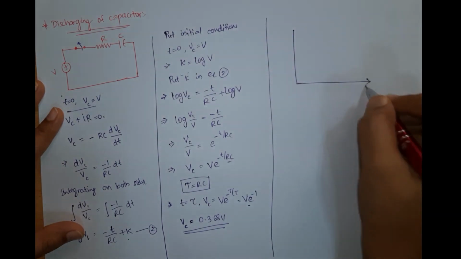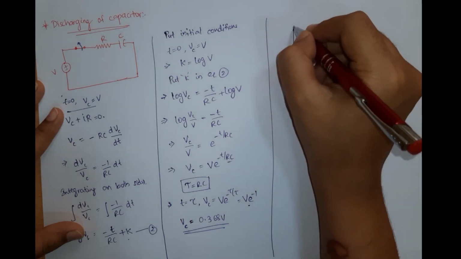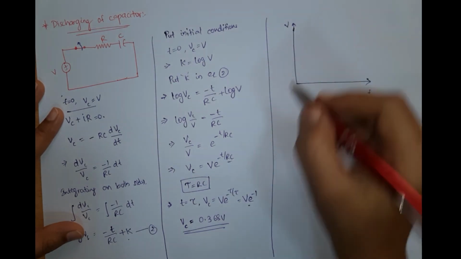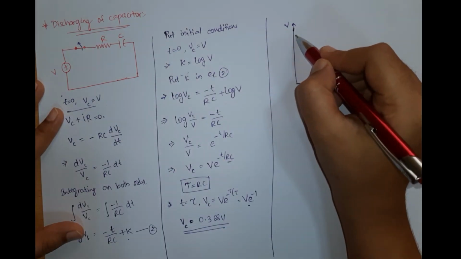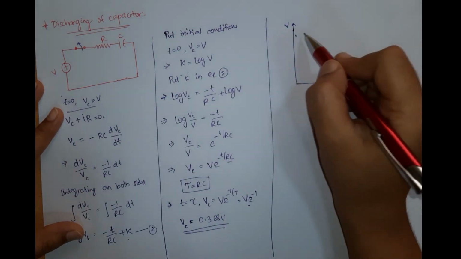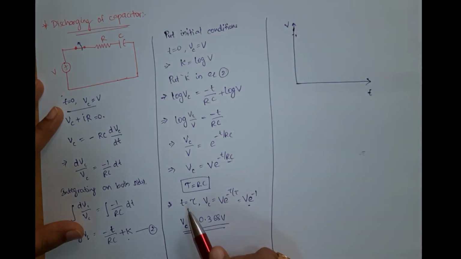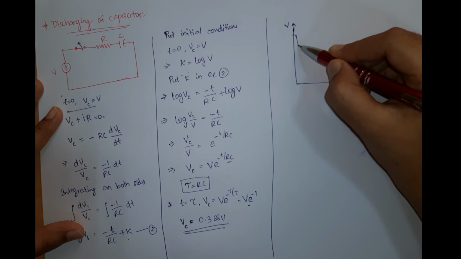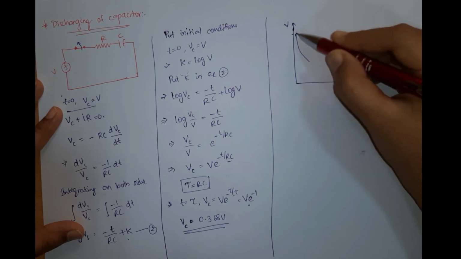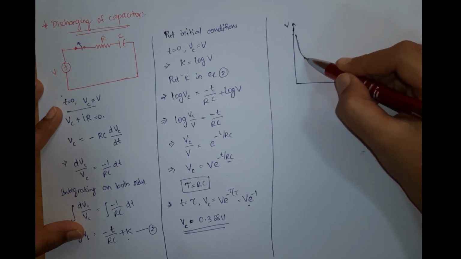Now let us draw the response. If you draw the response, you will get it like this. Initially at t equals 0, it was maximum, which I am taking here. Now at t equals tau, it was 0.368, that means the value of V is reduced.